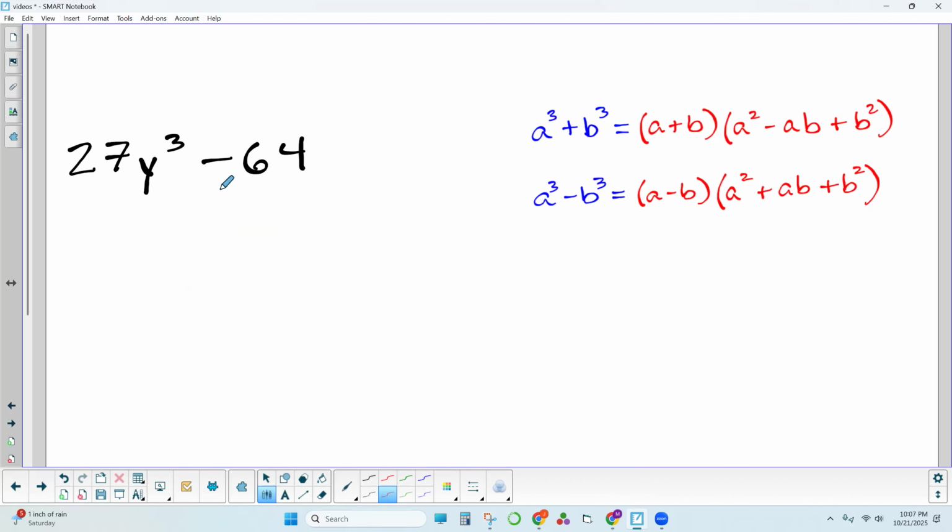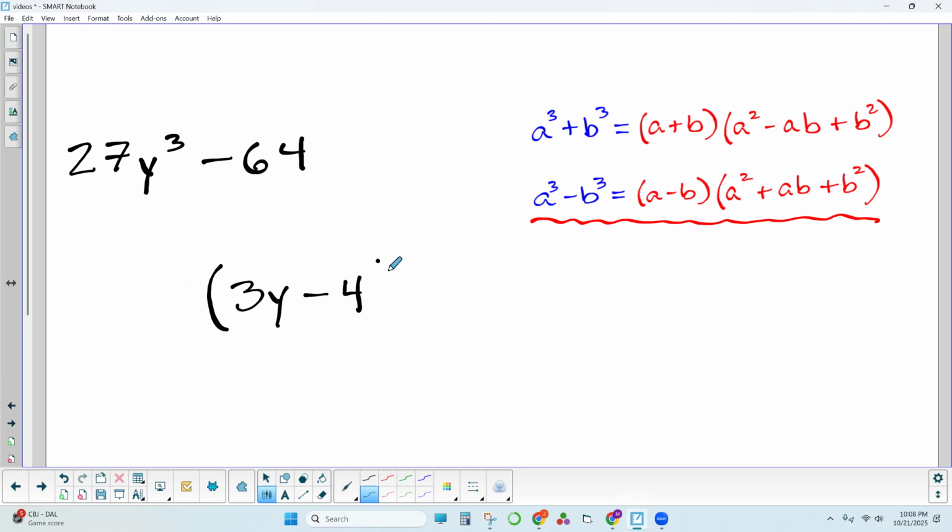This time we have the difference of two cubes. 27y cubed is a perfect cube and 64 is a perfect cube. It's being subtracted, so we're going to use the difference down here. All right, so the cube root of 27 is 3, and the cube root of y cubed is y. I'm going to subtract, and the cube root of 64 is 4.